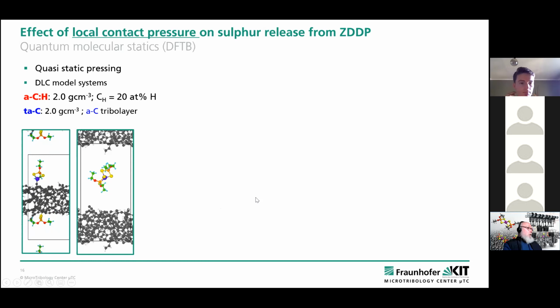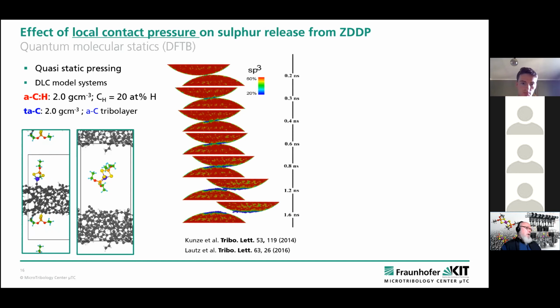Now, in order to understand these simulations, you have to notice two things. With these simulations, we kind of mimic an asperity collision between two DLC asperities. So they collide, they produce some local pressure, and then they separate again. And this is reflected by this quasi-static pressing, except that we didn't take into account the shearing motion here.